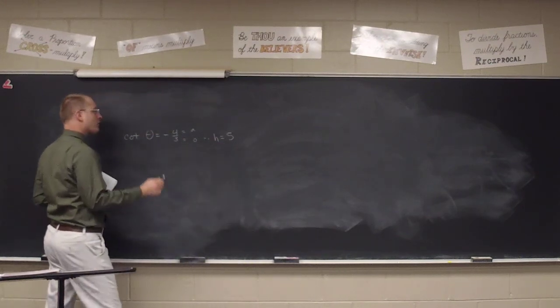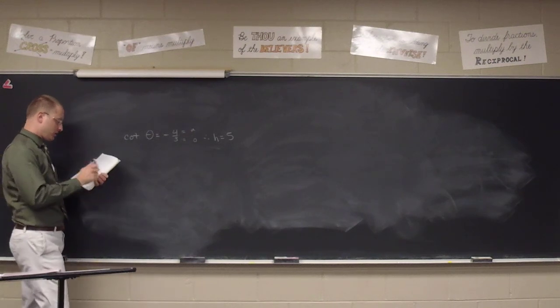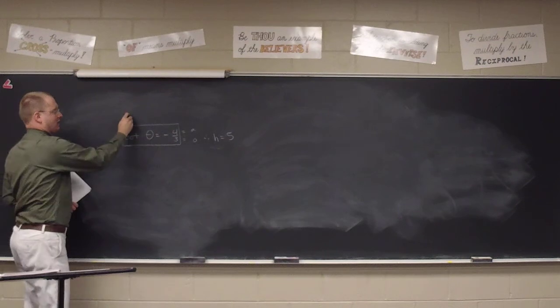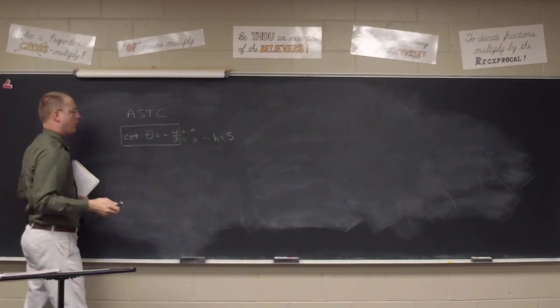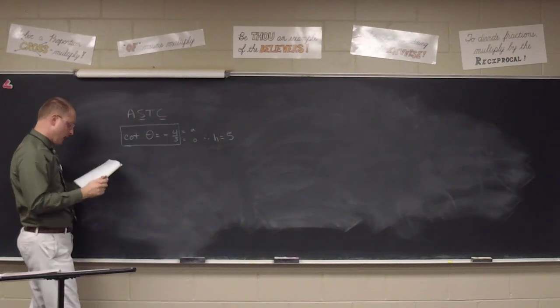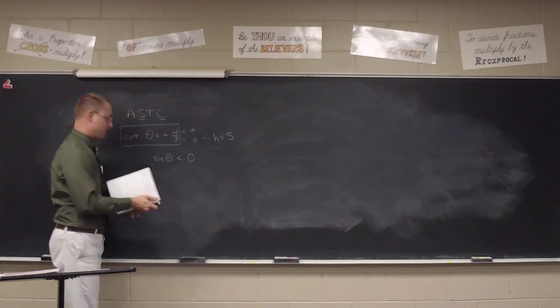The other thing we'll need to identify is what quadrant, but we need more information. Notice on 49, not only do they tell us the cotangent is negative. Well, let's think about that. ASTC, what quadrants? S and C, second and fourth. But they also tell us that the sine of theta is less than 0. What is this symbol, Ethan?